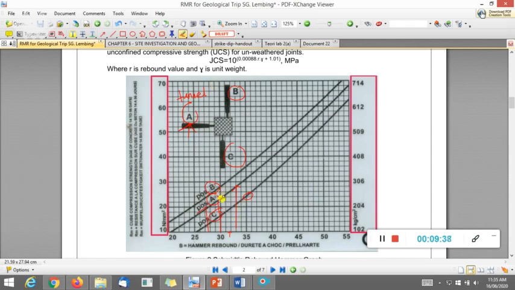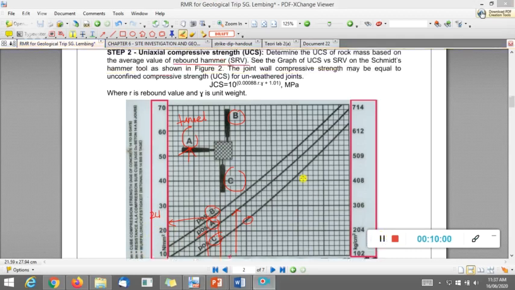So then you will get, for example, about 24 Newton per mm squared.